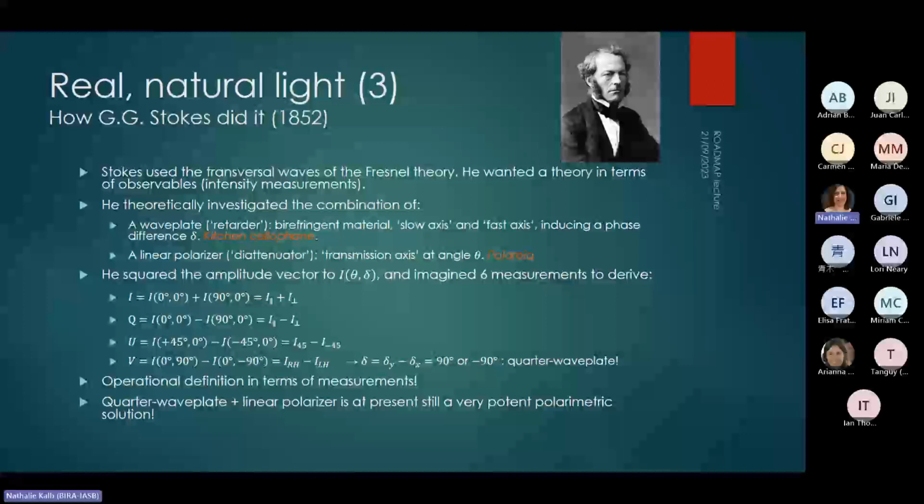These 6 measurements you can combine in these 4 Stokes parameters, and it completely determines the polarization state of the light. Most people are only aware of I. Yes, the intensity. But there's other stuff going on that's very important.